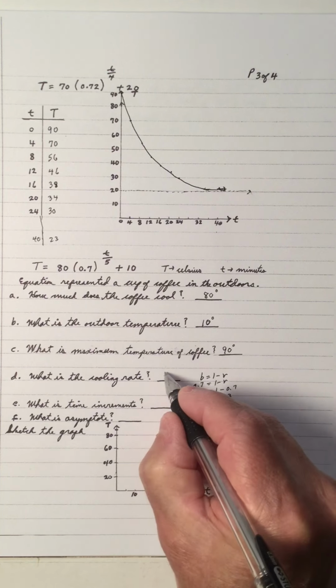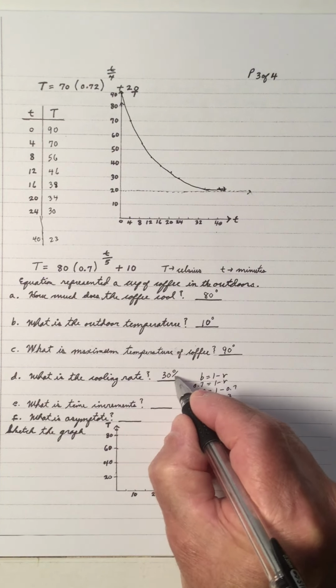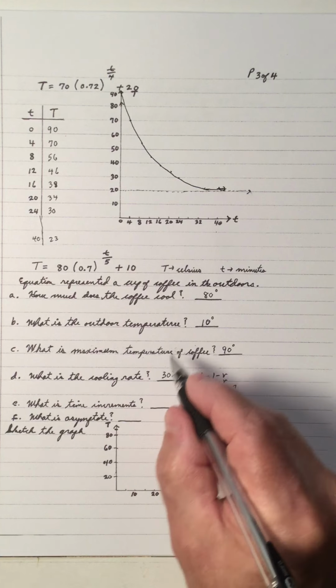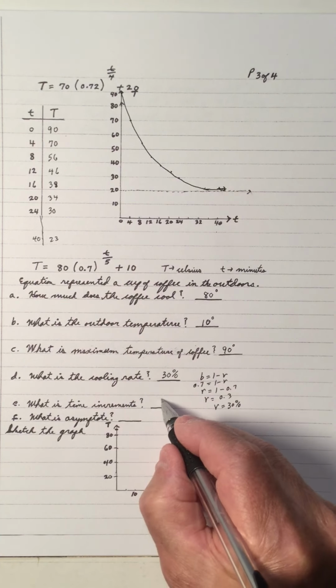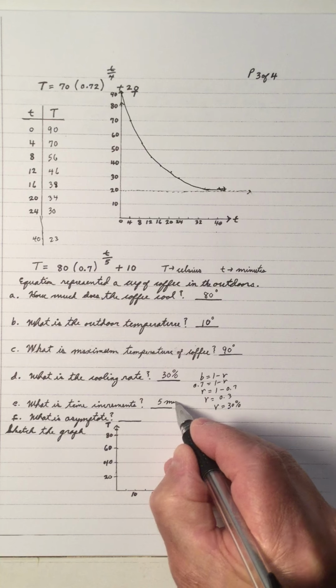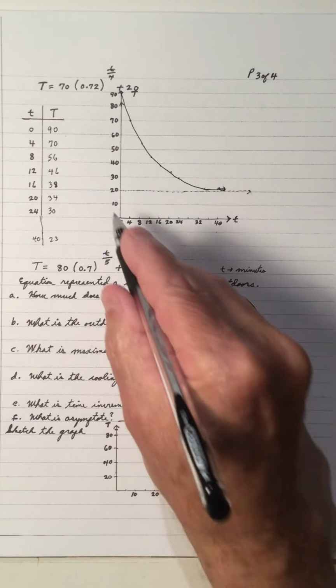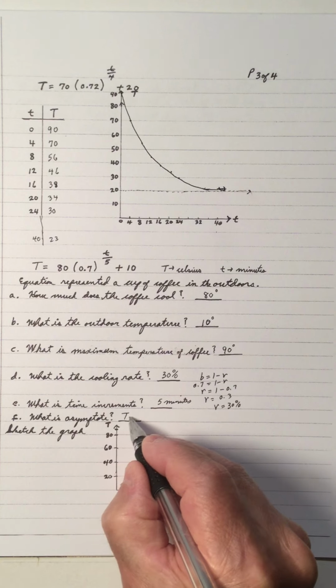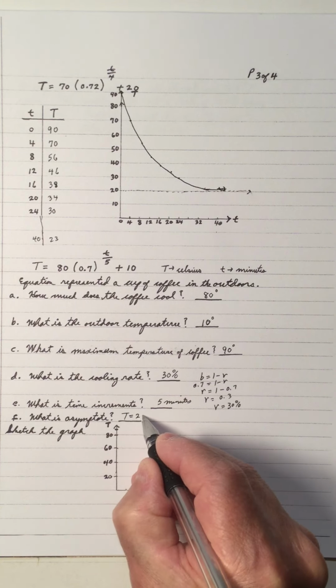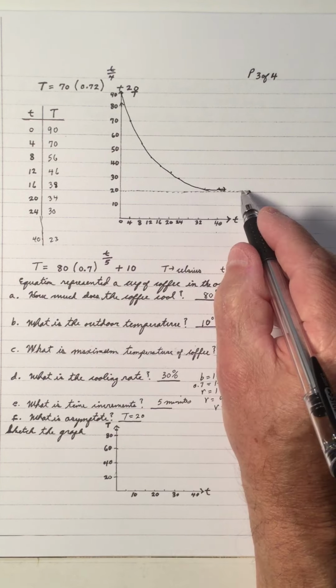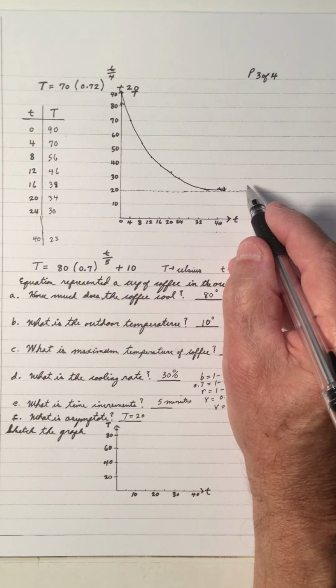That's how fast it's cooling. It's cooling at 30% every 5 minutes. And the asymptote is T equals 10. The coffee will not go any lower than 10.